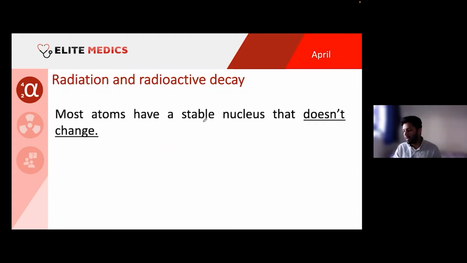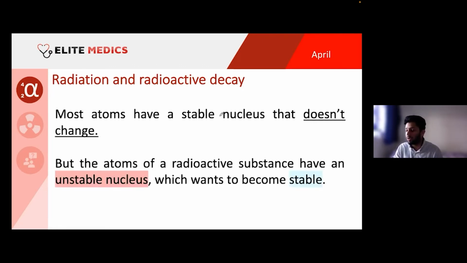Okay, so remember, this concept of an unstable nucleus is not one that's super common, right? Most of the atoms that we see in everyday life, the atoms that you're made out of, the atoms that your table is made out of, or your bed, or your chair, or your sofa, are all really, really stable. They don't really change unless we stress them a lot and do some sort of chemical reaction upon them.